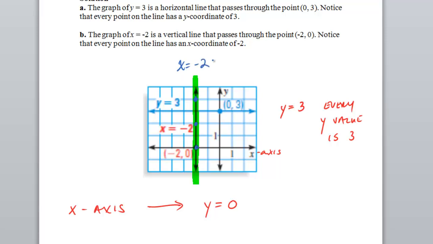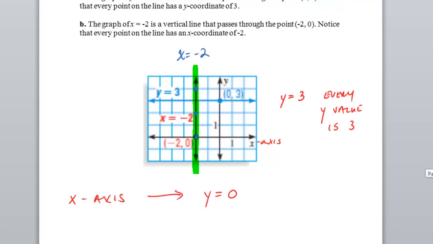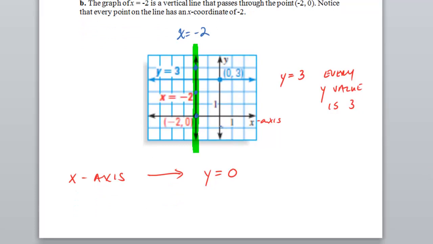So that is a quick and easy way to figure out what the equation of the horizontal or vertical line is. Just look at what the constant value for every point is going to be. Now, again, the y-axis is a vertical line, but it's counterintuitive because the equation is x equals to 0.